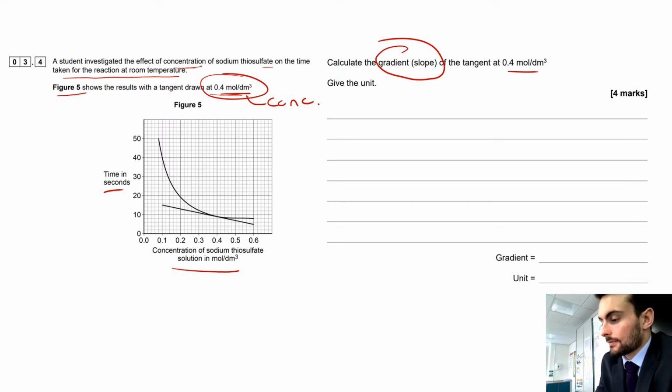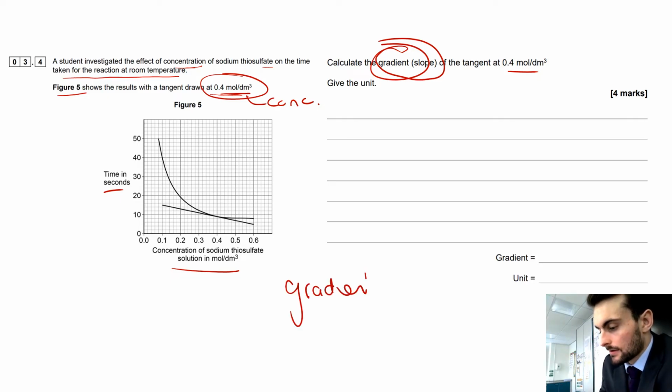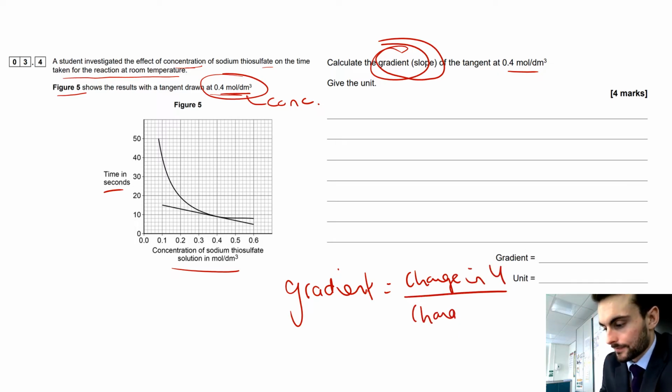First thing I'm thinking when it says gradient, you need to remember it is the change in y divided by the change in the x-axis. So what I would do is turn this tangent into a little triangle. It's up to you where you want to use it. You can make a small triangle between 0.3 and 0.5.